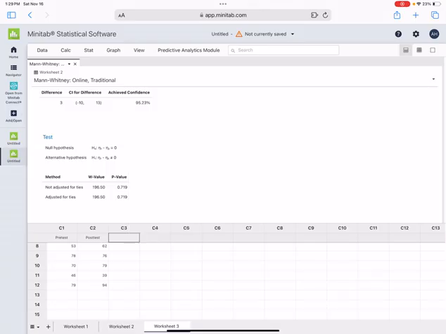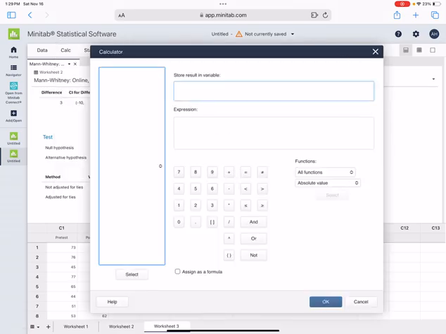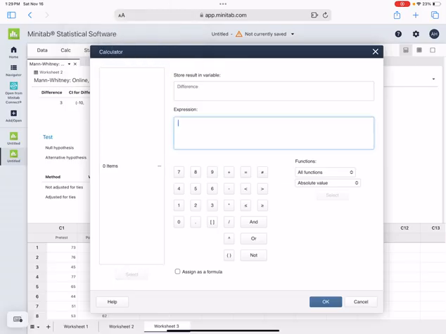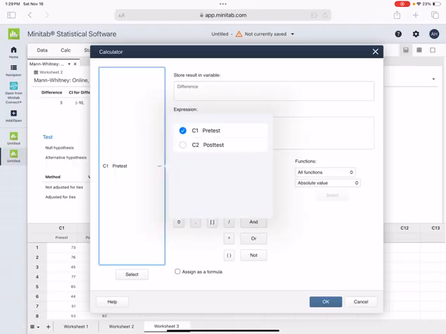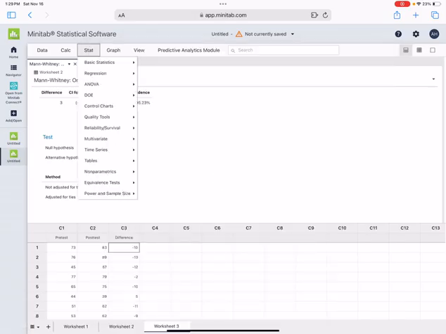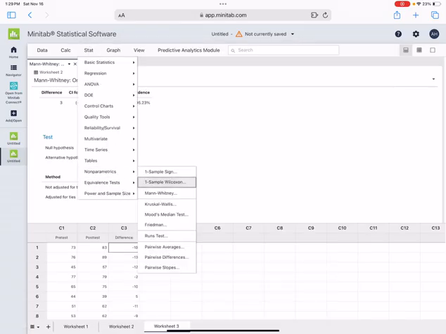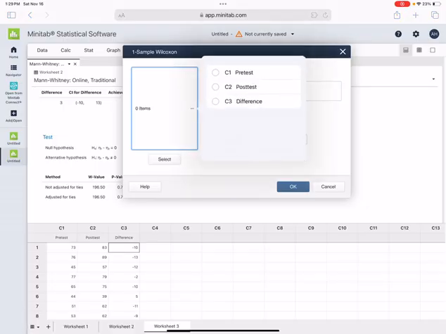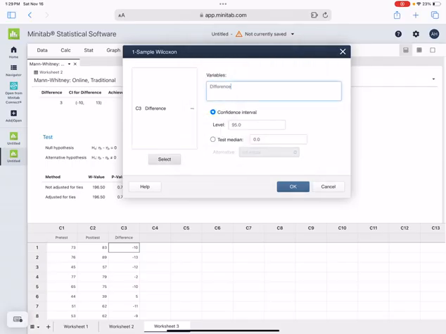I do need to create the one column, so we go to calculator, and we're going to store this in the difference, and we're just going to do this guy minus that guy. Bam, those are differences. Okay, so stat, nonparametrics, one-sample Wilcoxon. Now we get to use this difference column that we created.